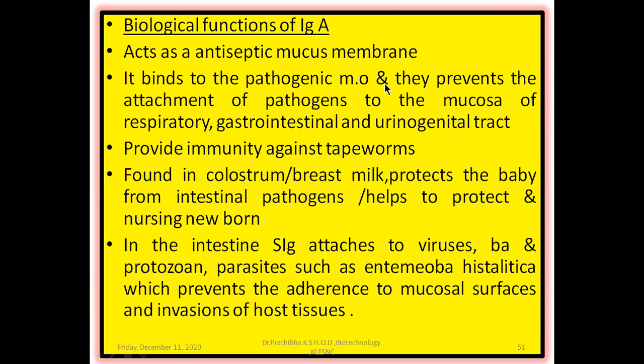It binds to pathogenic microorganisms and prevents the attachment of pathogens to the mucosa of the respiratory, gastrointestinal and urogenital tracts. It provides immunity and is found in colostrum and breast milk, which protects the baby from intestinal pathogens and helps nourish the newborn. In the intestine, secretory immunoglobulin attaches to viruses, bacteria and protozoan parasites such as Entamoeba histolytica, which prevents adherence to mucosal surfaces and invasion of host tissues.